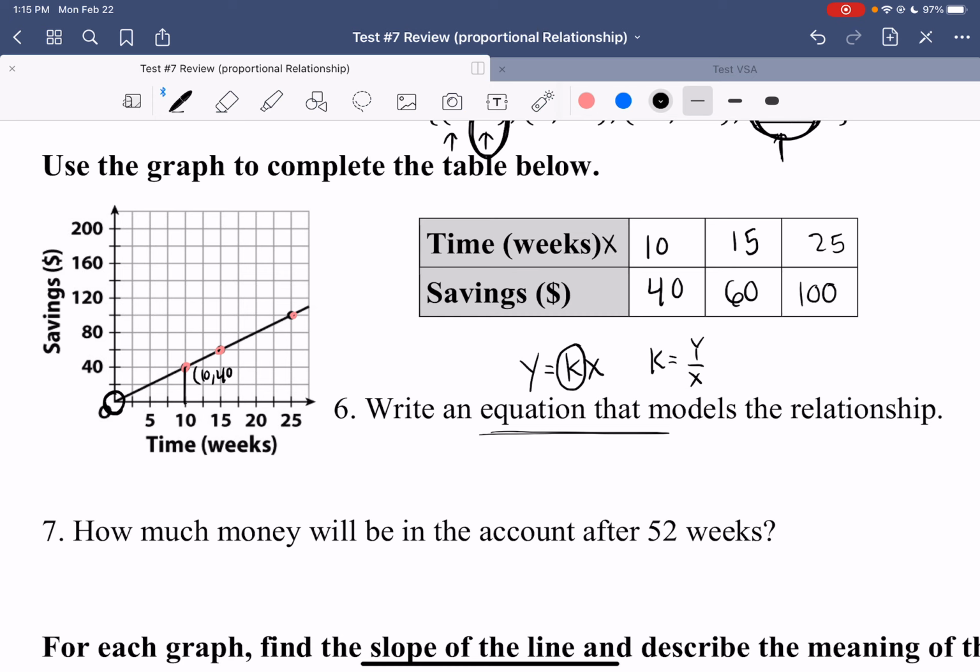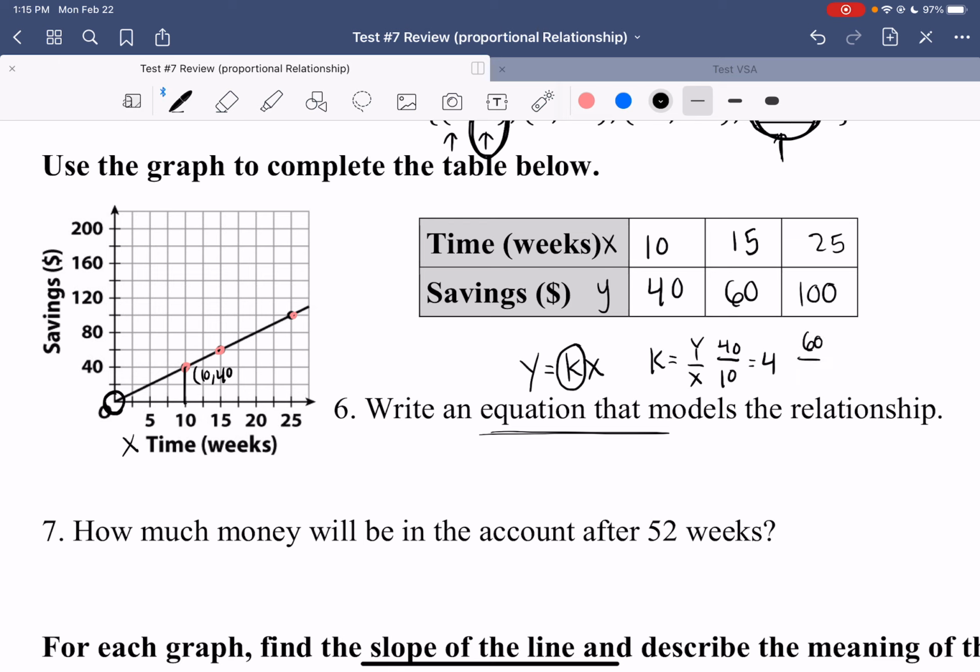So we have our x, weeks, time, and our y, savings. So if we take 10 divided by 40, sorry, that's backwards. 40 divided by 10, we get 4. And because it's proportional, all of these are going to be the same.